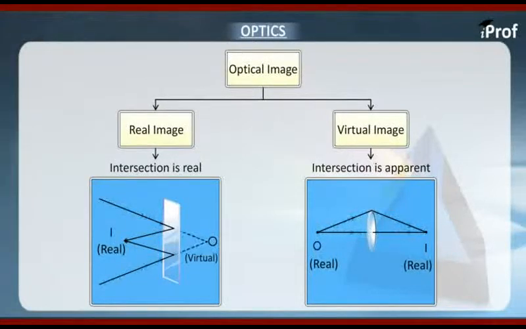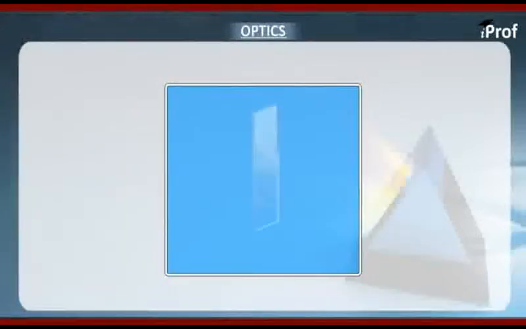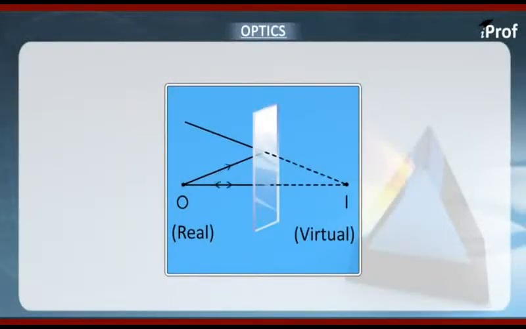You can see the reflected rays from plane mirror are actually meeting at a point, and that is the position of real image. One more diagram is there, and we can see the real image formation using lenses. You can see very well from the diagram, the refracted rays are meeting at a point, and that point of meeting is the position of a real image.